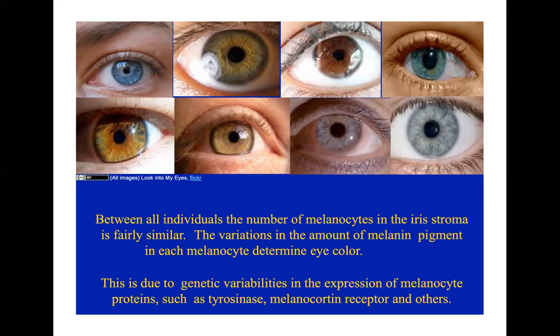So there is a lesser chance that some offspring may have the recessive trait, that's the blue and the other colored eyes. So genetics plays a role in the amount of melanin pigment that each melanocyte has.